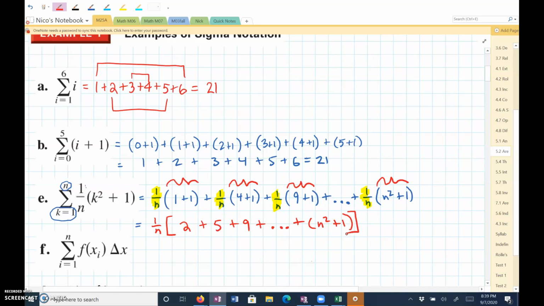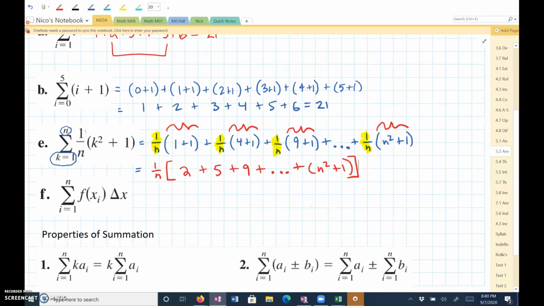And then we could simplify this some more, making this 1 over n. This would be 7 plus 9, but let's just leave it like this because we got all these terms in between here. We don't really know. That would be as much as we'd want to simplify that one.